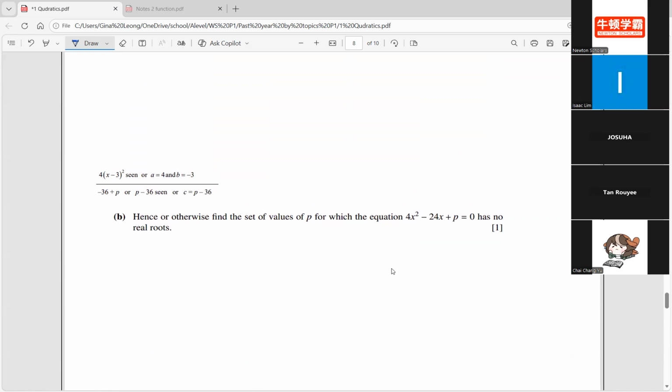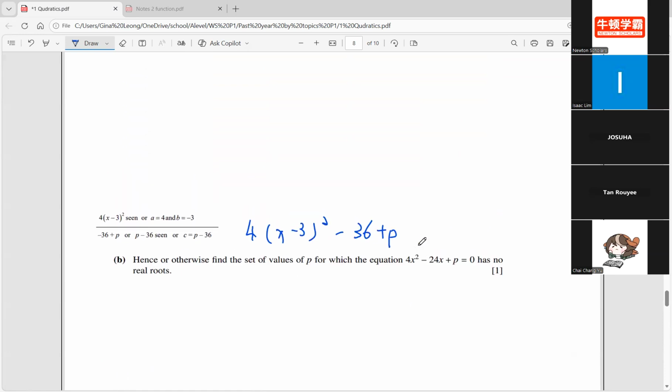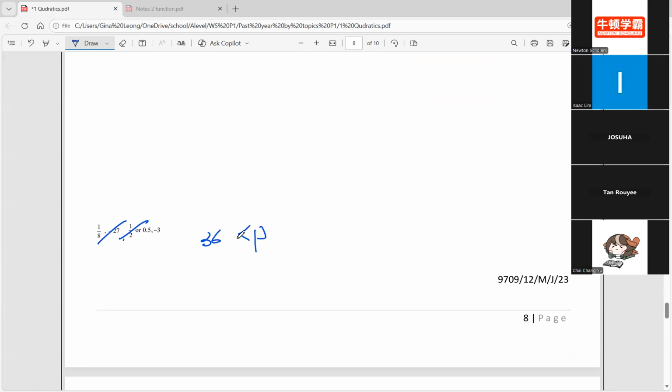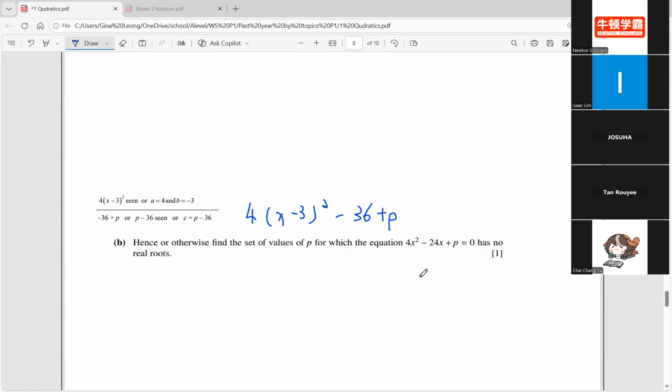Okay, for this one, actually the final answer is P square. Okay, the answer like this. If you can get this answer, then okay. This one is P more than 36.